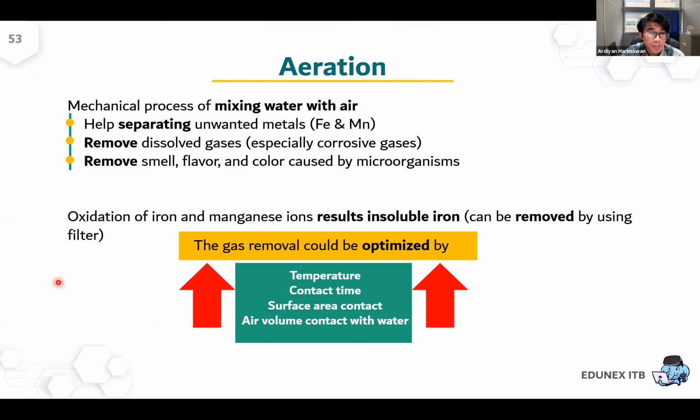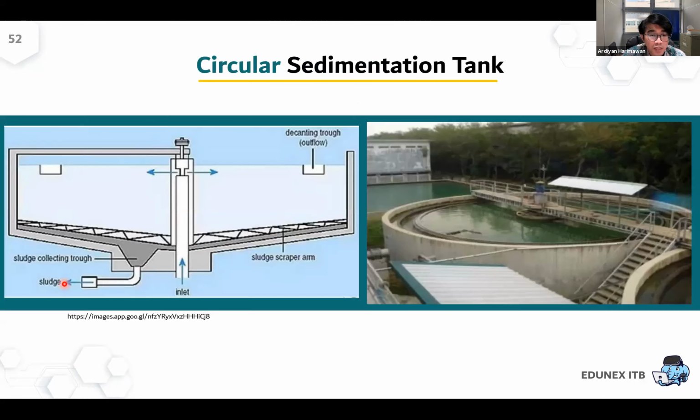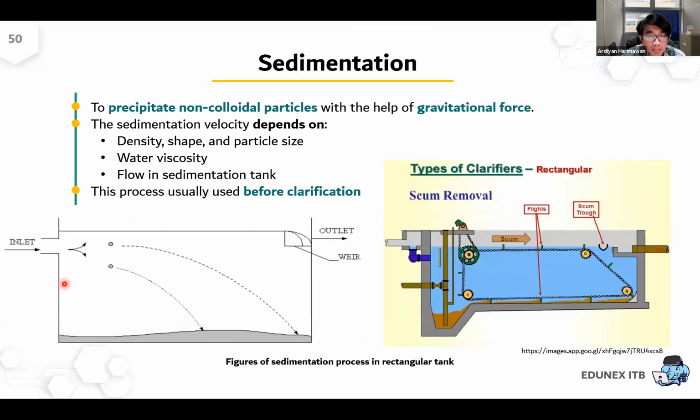And then the second one is aeration. So this one is normally done when the suspended solid content is quite high. It means you have a lot of solid particles. So by adjusting the flow, because you will have water flowing, right?